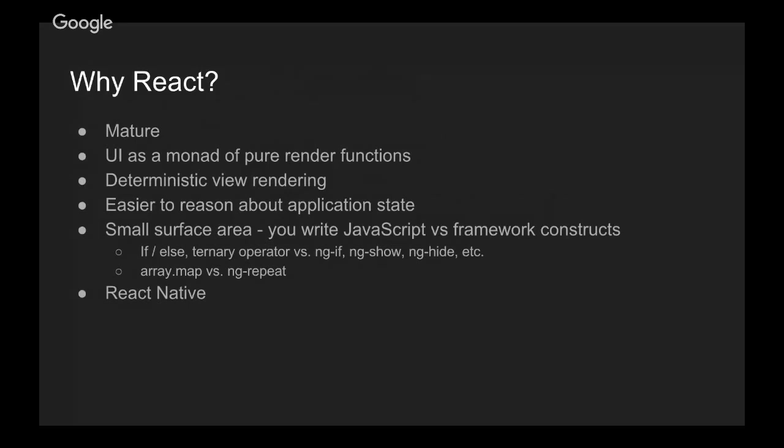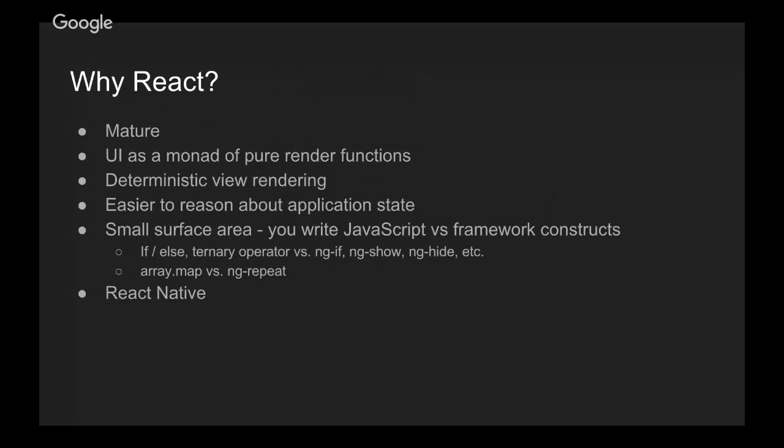And this idea of each component having a pure render function, whose output becomes the input to another render function higher up the component tree, essentially gives you a paradigm of a monad of pure rendering functions. Now, because your render functions are pure, that is, when you pass a component the same props, the render should always be the same. It's deterministic. It makes it easier to reason about application state.